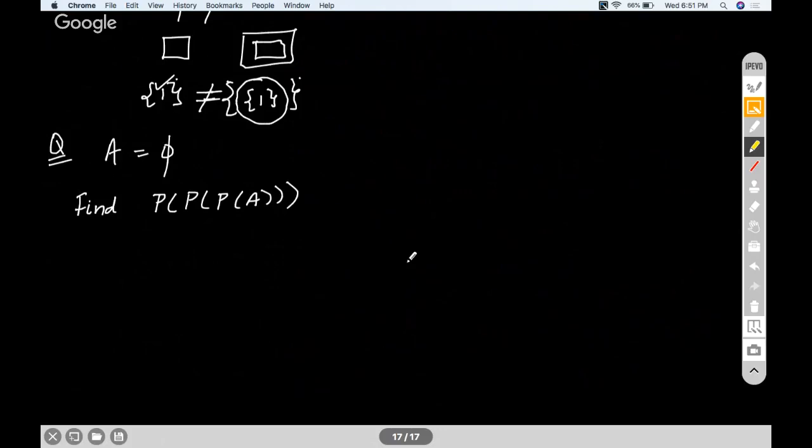Okay, let's discuss. So, first of all, what will be power set of A? Power set of A will basically contain a set which contains the null set itself.